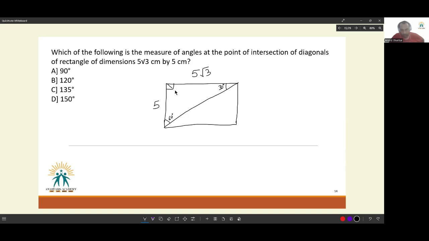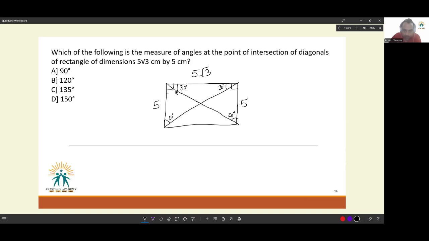Similarly, if I draw this diagonal, this is 5 root 3. This will be 30 degrees again. This will be 60 degrees again. This entire angle is 90. Now, look at this.